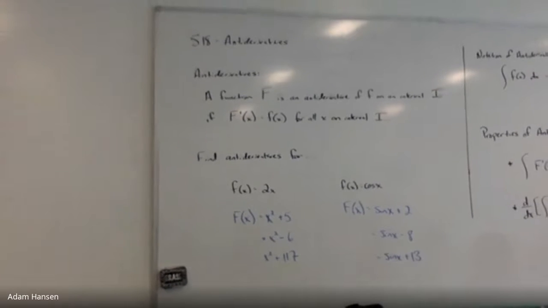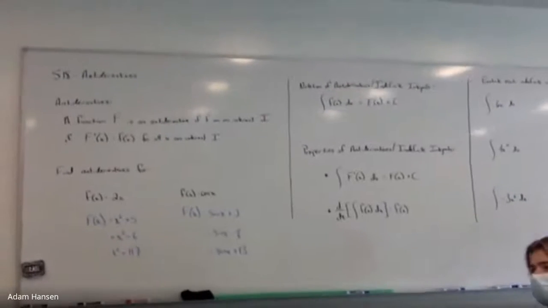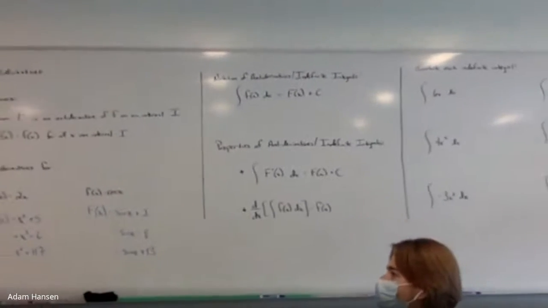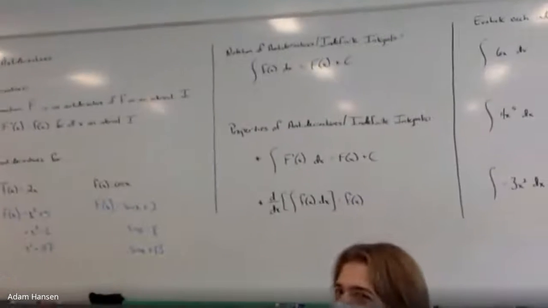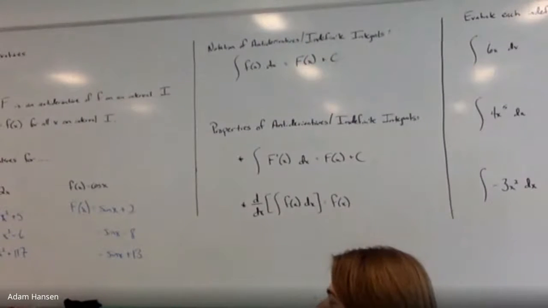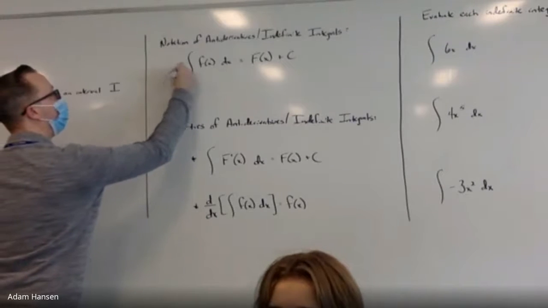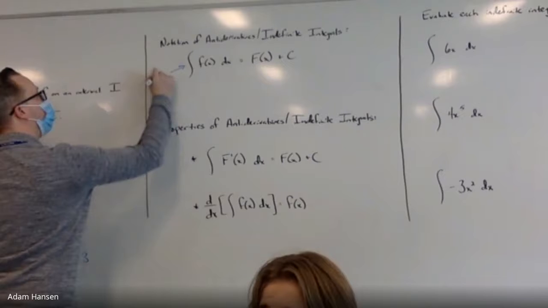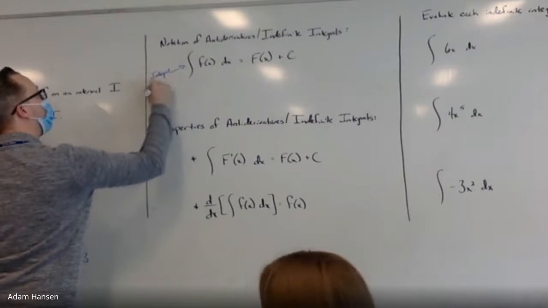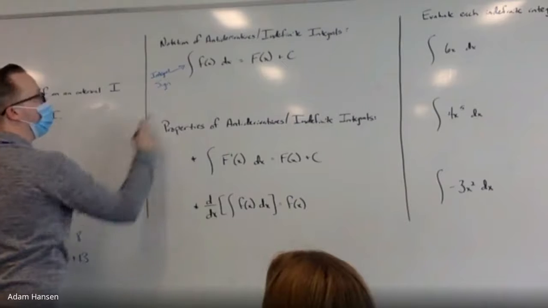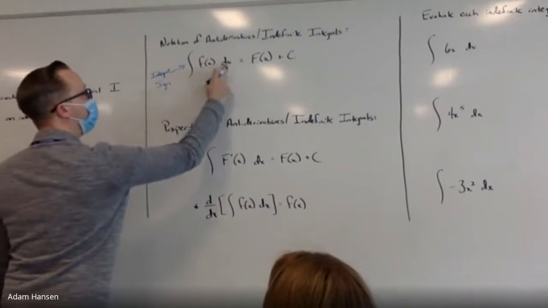All right. So let's talk about some more notation and how we describe this infinite set of antiderivatives for a given function. On the middle part of the board. This notation here is the integral sum. The integral of f of x dx.